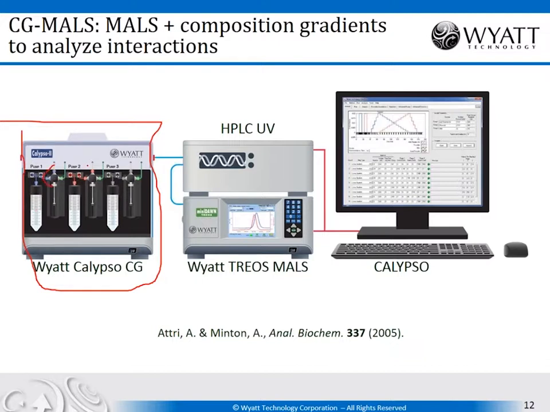CALYPSO uses 3 computer-controlled syringe pumps to mix up to 3 different solutions, typically 1 or 2 different proteins and a diluent, in different ratios. We inject into the detectors, flow stops, we wait for equilibration, and acquire the light scattering signal, which is then used in the CALYPSO software to analyze the interactions and determine the appropriate association model and the appropriate KDs and KEs that come out of that. This technique was first pioneered as an automated system by Attri and Minton and is now available commercially from Wyatt Technology.